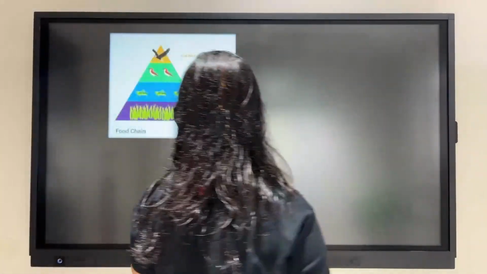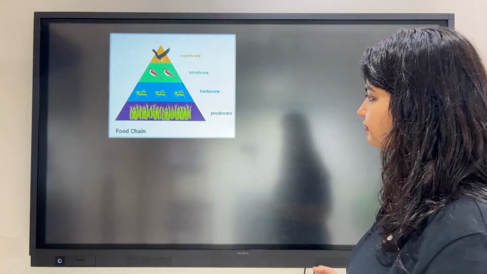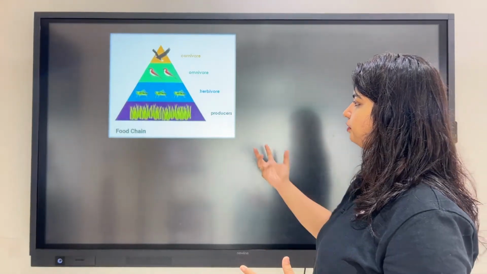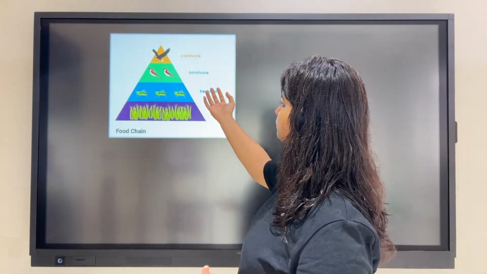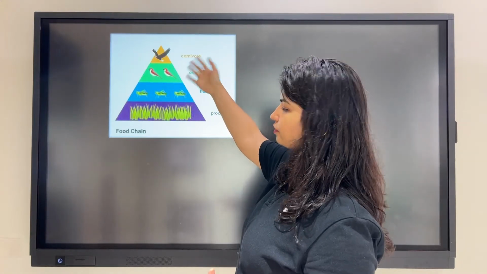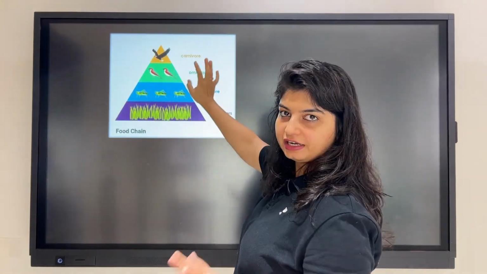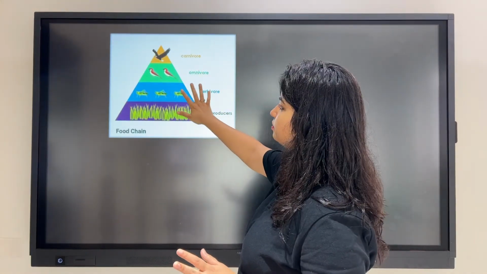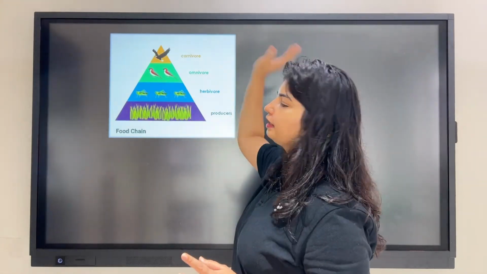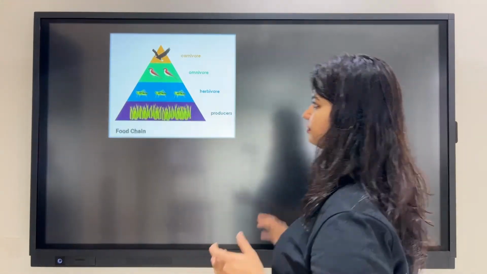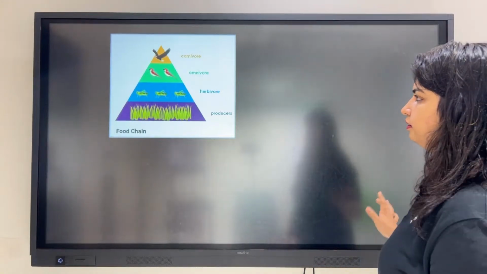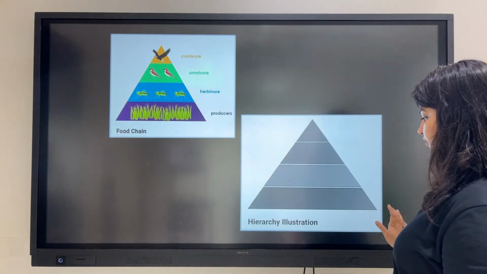So this also explains the hierarchy, as in the complete food chain: the producers, the herbivores, omnivores, and the carnivores, right? You have studied this in your basic school time. That is again depicted by the hierarchy. Okay, so it's very easy to understand. Illustrations of hierarchy.